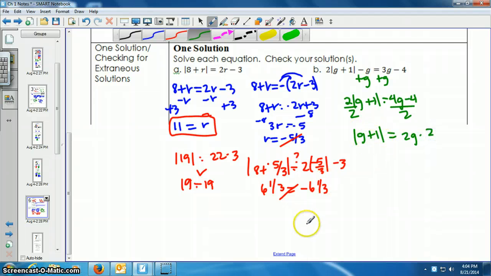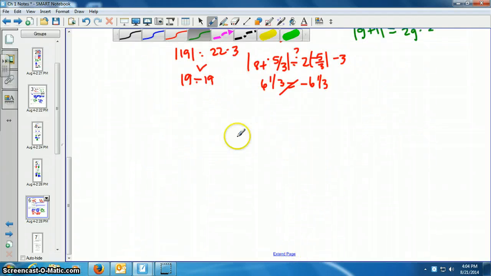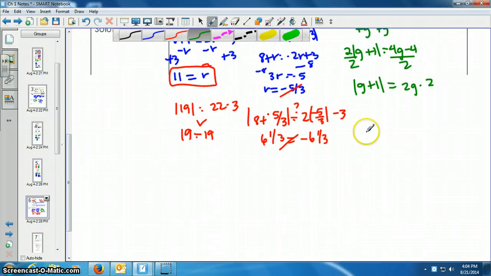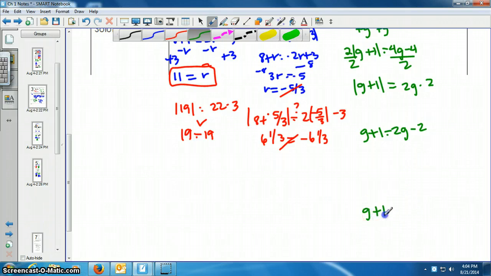So now that absolute value is alone, we can set up our two equations. So g plus 1 equals positive 2g minus 2. And then our other equation, we'll put it down here, is g plus 1 equals negative, and then that whole thing, 2g minus 2 in parentheses.